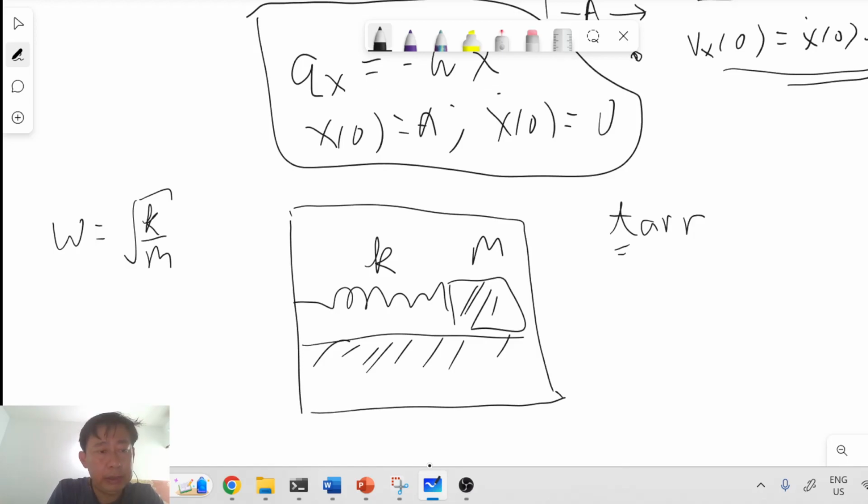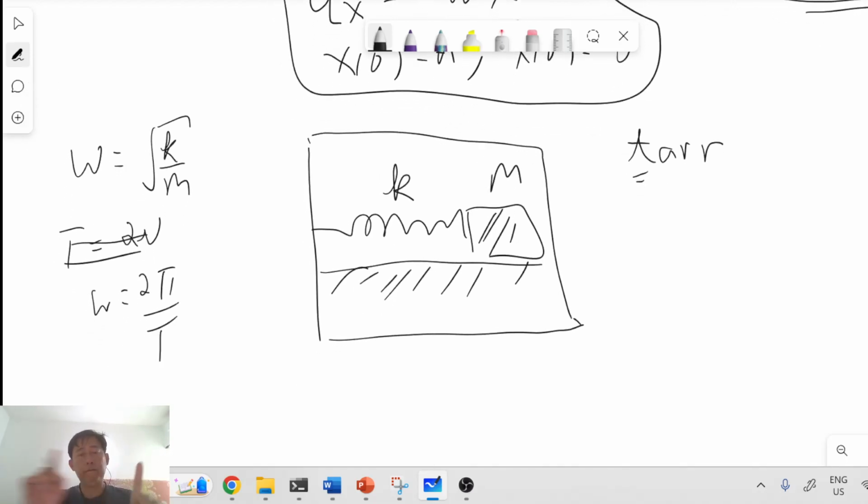The period is related by omega equals 2 pi over T, which is the relationship between the period of the oscillation and the angular frequency. Therefore, the period is known once you have fixed omega.